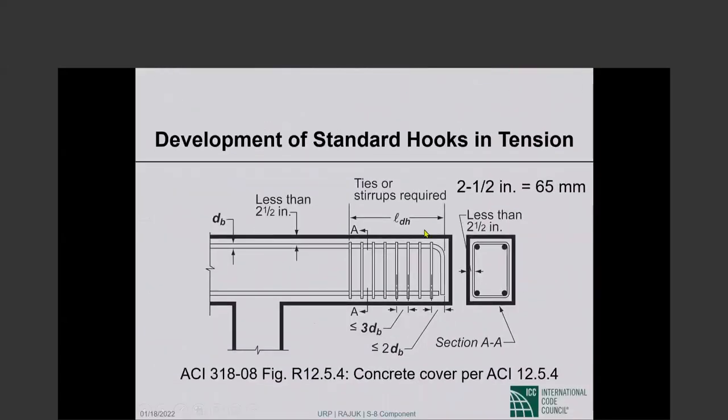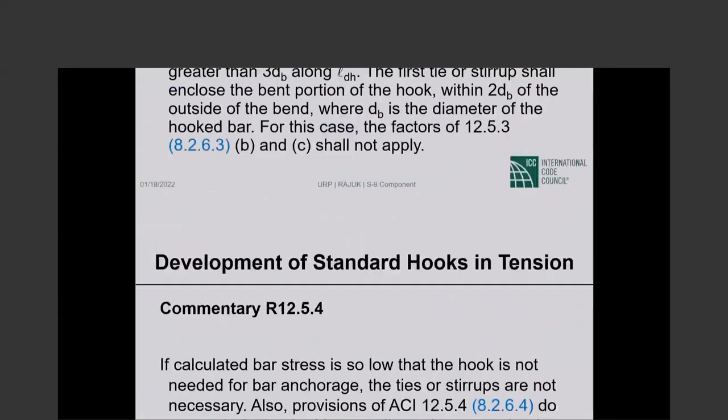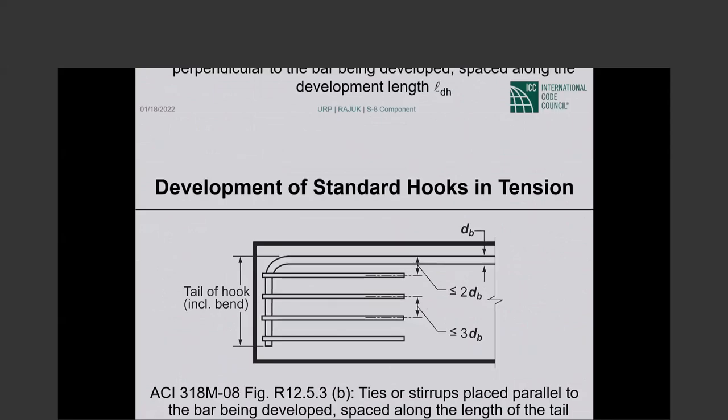So if you have, let us say, a 90-degree hook and the bar diameter is no more than 36 millimeters and the side cover, which should be this cover here, no more than 2.5 inches, and this cover from the end of the hook to the concrete surface no more than 2 inches. If that is the case, then you get a reduction factor of 0.7.